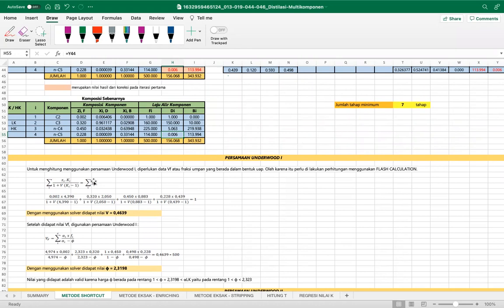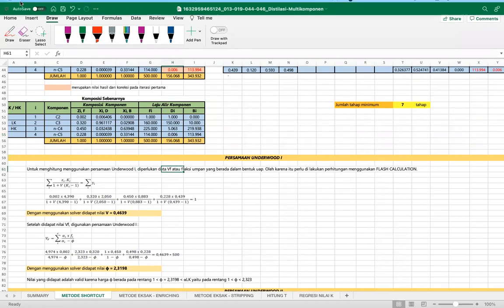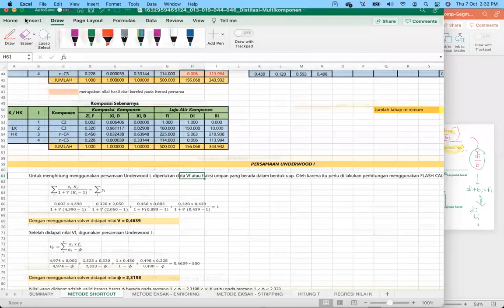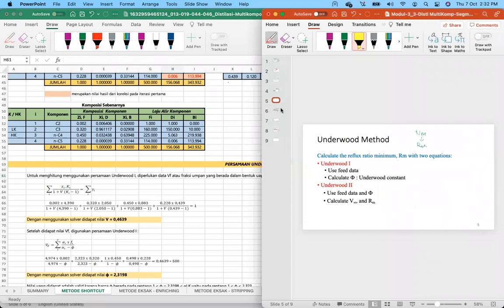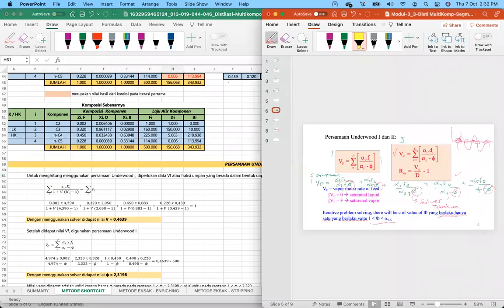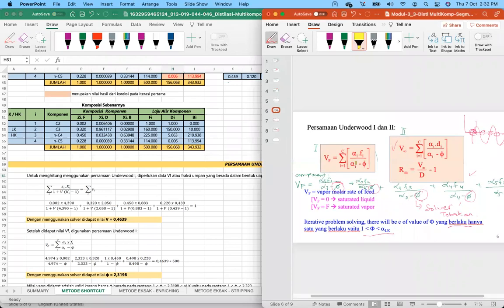The second one is the VF, based on the Underwood. Okay, so this is the Underwood, and this is a sigma. This is the sigma of alpha I times Fi over alpha I minus C. If you have 4 components, then you have 4 I's, and then a summation of that.